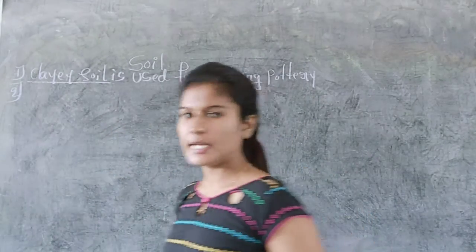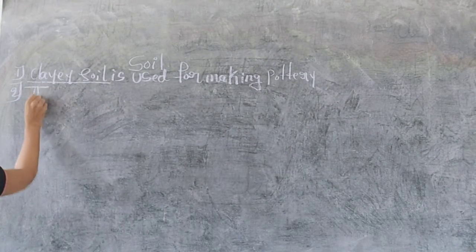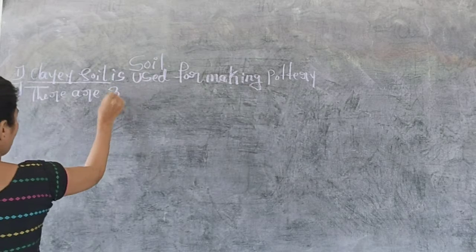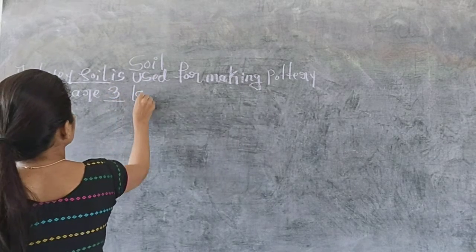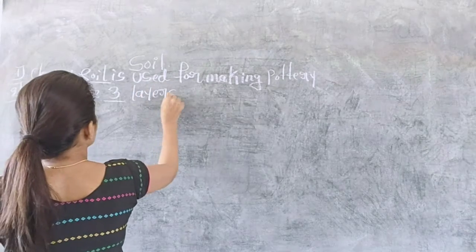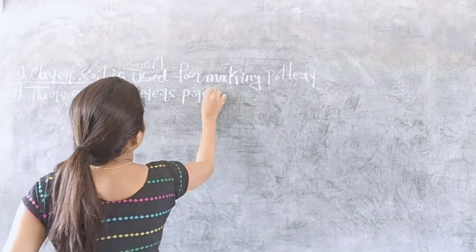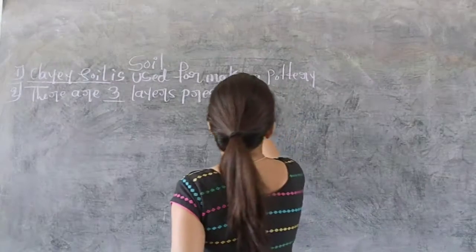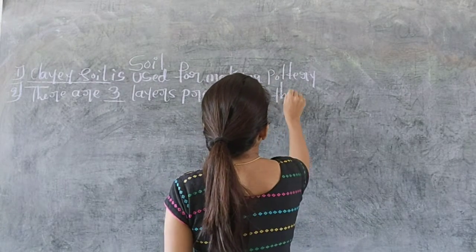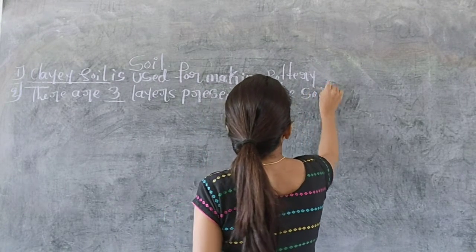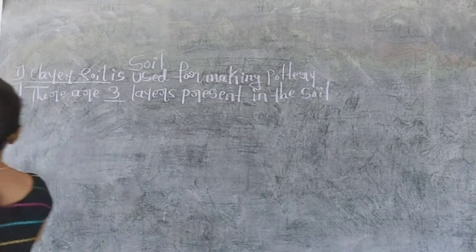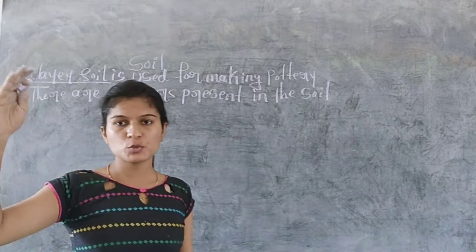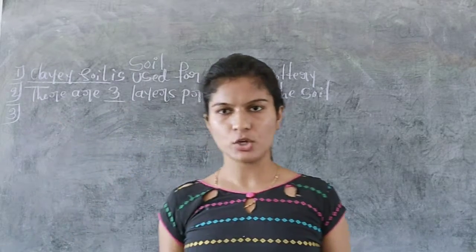There are 3 layers present in the soil. Those are the topsoil, subsoil and bedrock.